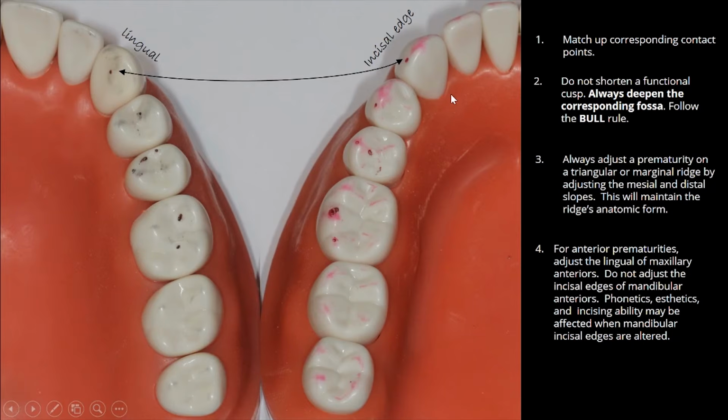Our incisors function to tear food. So you can imagine the incisal edge contacting the incisal edge of the uppers. Well, you want to maintain that incising ability. If we grind these down and flatten these out too much, we're going to lose the sharpness of those edges, and it's going to be harder for us to tear into that food.